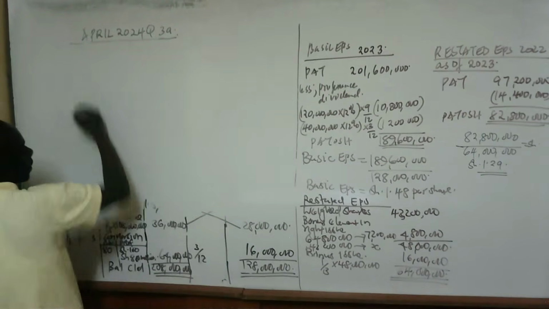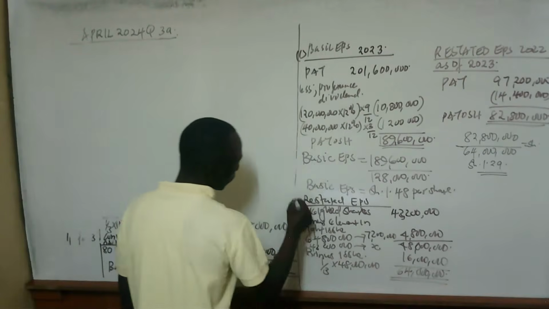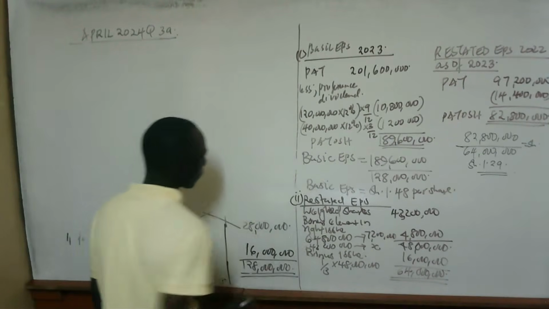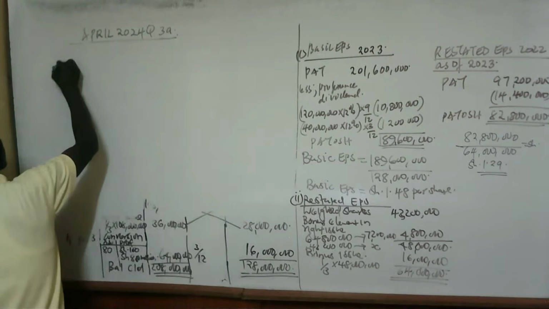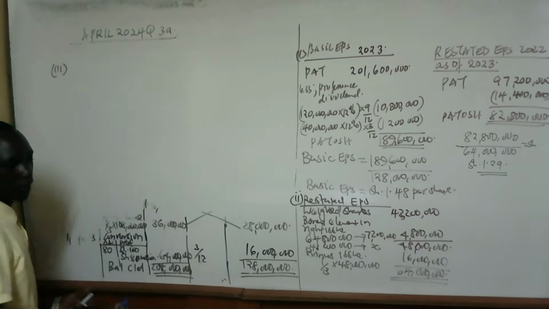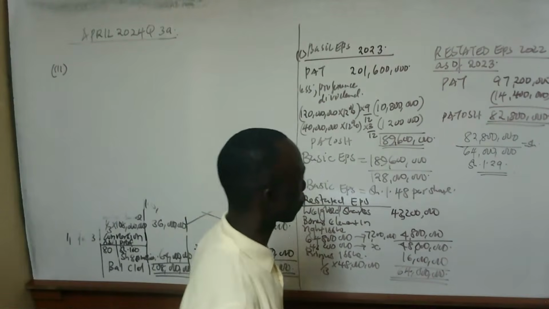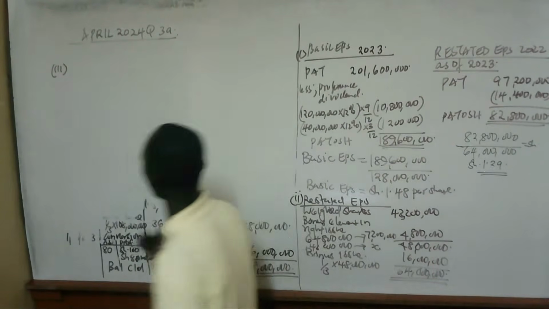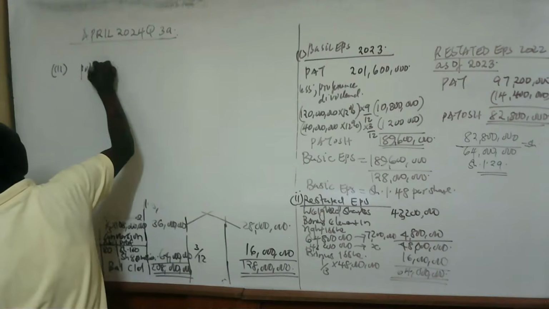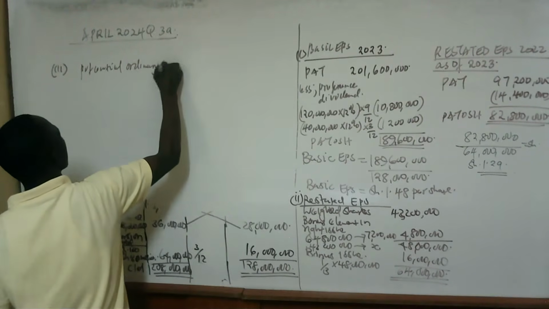So we are in Roman 3. This was Roman 1. Then whatever we did here is Roman 2. Now we go to Roman 3. And for the case of Roman 3, we are looking for the diluted EPS. And for the diluted EPS, we have said it is going to depend on what we call the potential ordinary shares.